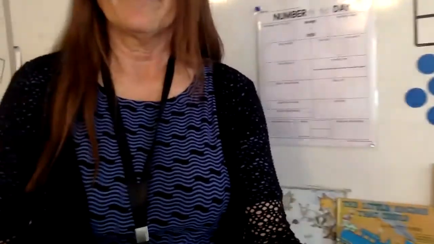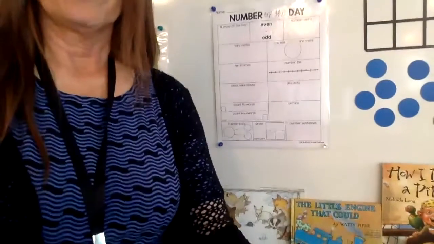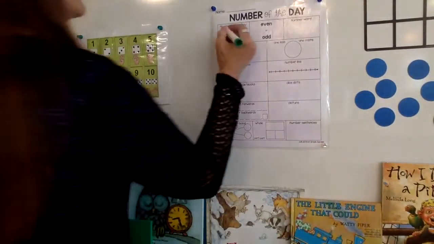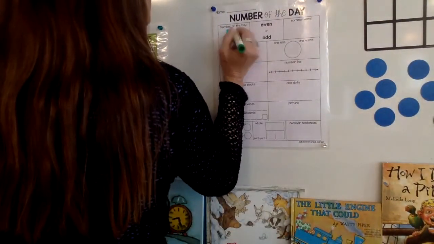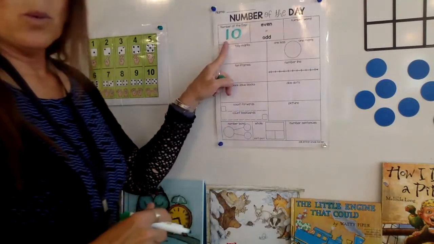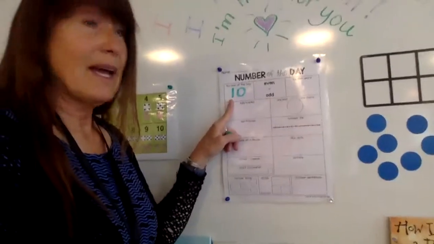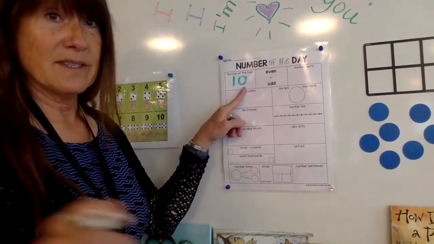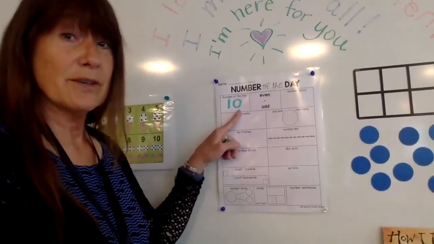Try that. Okay. So today's number of the day is 10. 1, 0. And we know that that means 1 ten and 0 ones. We've talked about this all year.